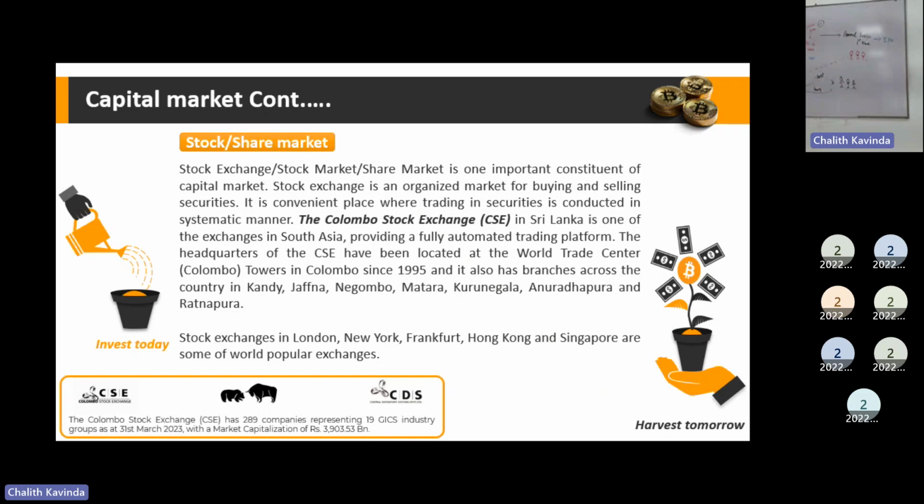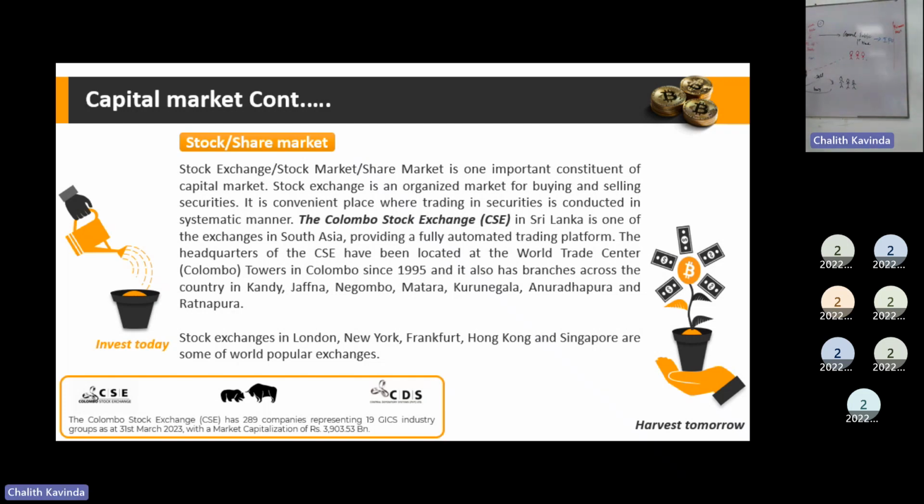Here the company is the issuer. They have issued the shares to the general public, and the process is known as IPO, and we call this the primary market.